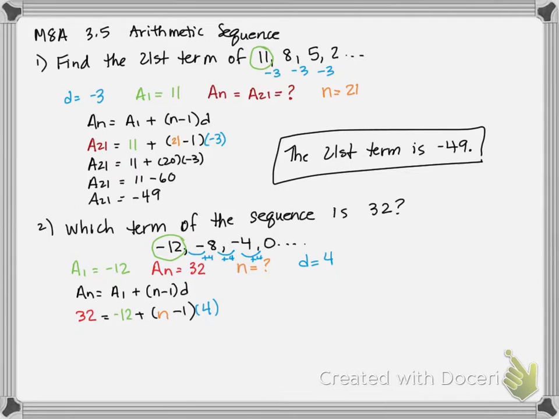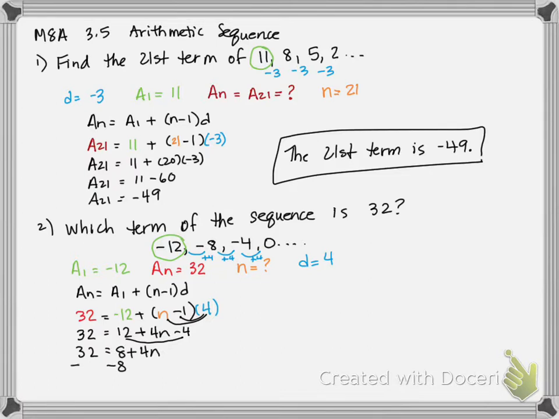Oops, sorry, let me go to black. And from here, you've got different ways to solve this part of it. I can't do n minus 1, so I'm going to distribute the 4. So I get 4n minus 4. I'm going to simplify on the right side, combining the 12 and the negative 4, and I get 8 plus 4n.